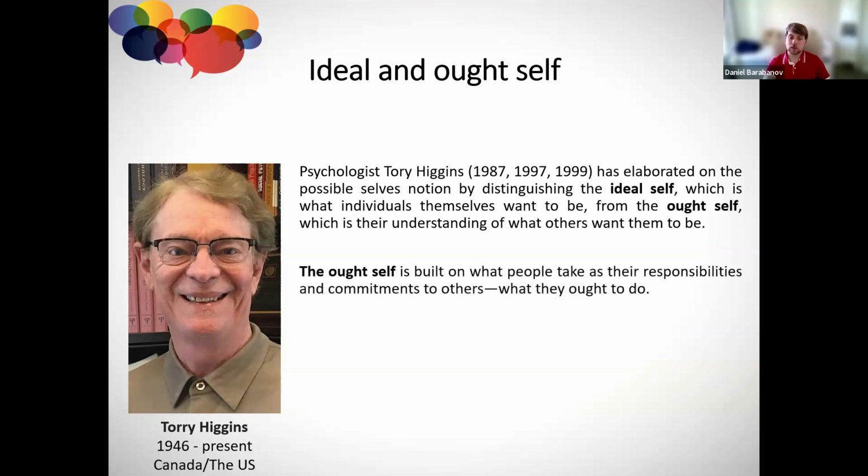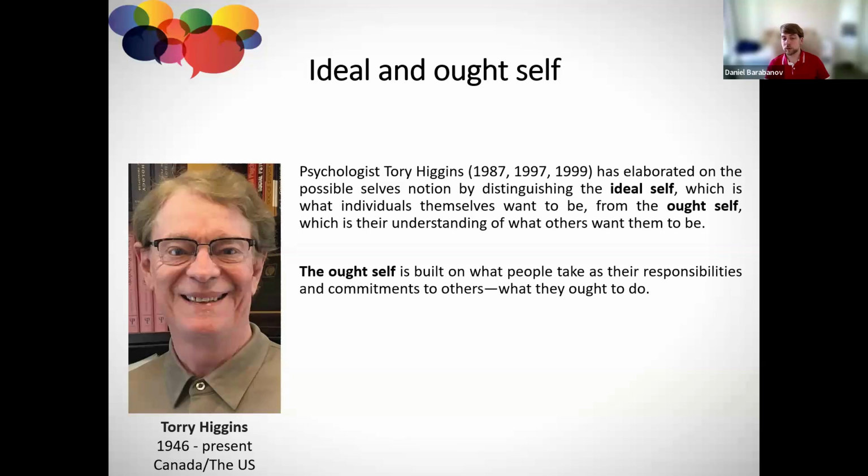So the ought self is usually built on what people take as their responsibilities and commitments to others. For example, your job place, right? When you work, you take some responsibilities and commitment to other people. It's a part of labor and being a working person, right?